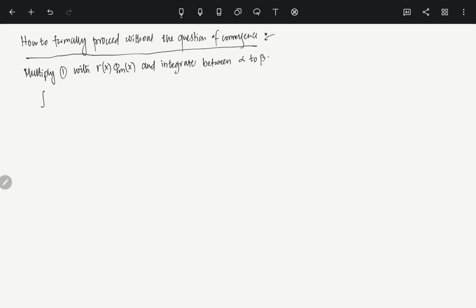What do we get? If you integrate from alpha to beta r(x) phi_m(x) f(x) dx, that's what we are going to get. I am multiplying by r(x) phi_m(x). So that will be written as the integral from alpha to beta of summation n equals 0 to infinity Cn r(x) phi_n(x) phi_m(x) dx.